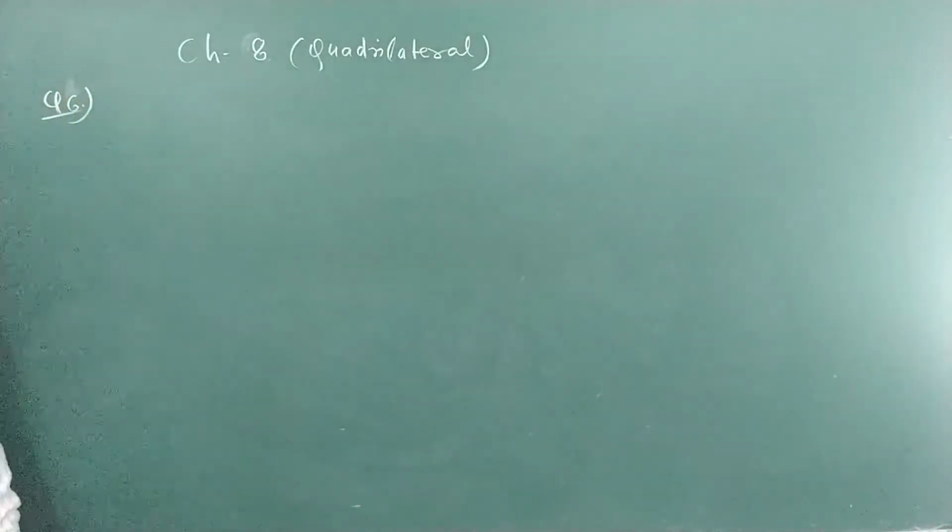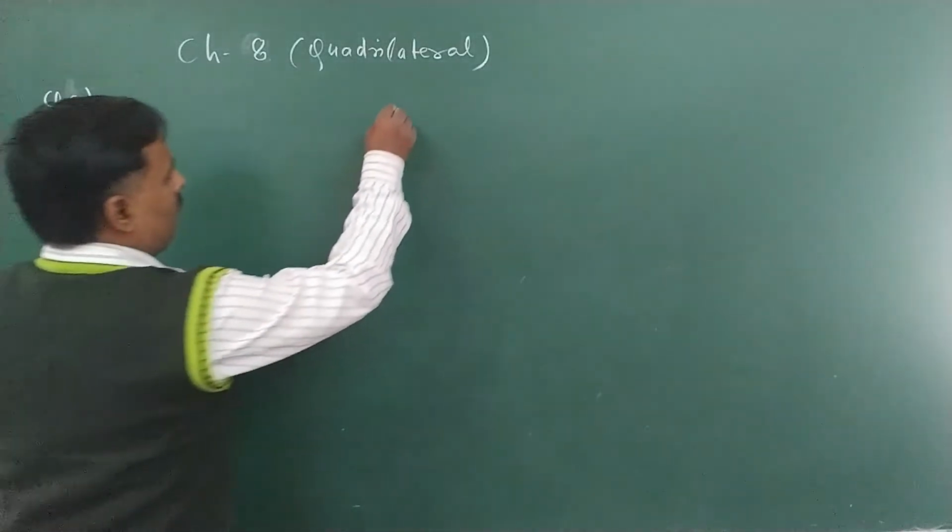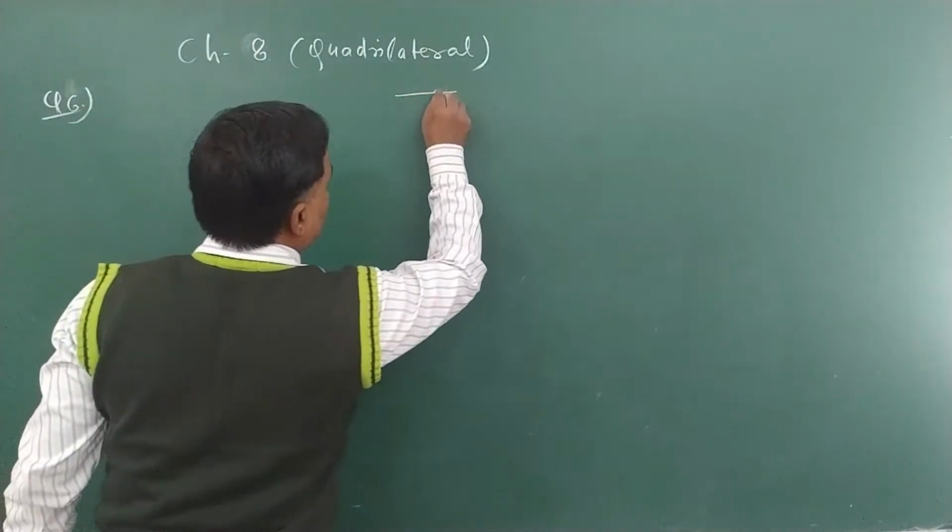Question number 6 is: diagonal AC of a parallelogram ABCD. The parallelogram is given, so I'm just drawing a parallelogram first.